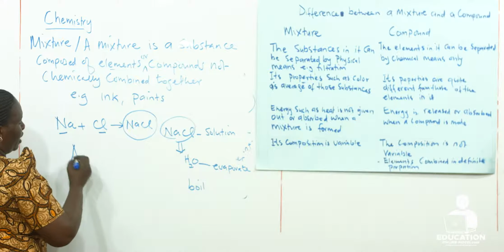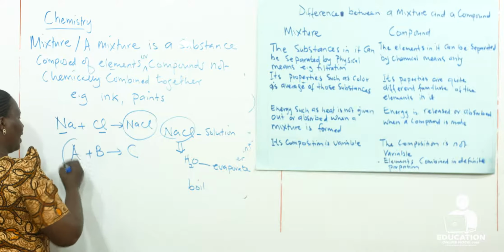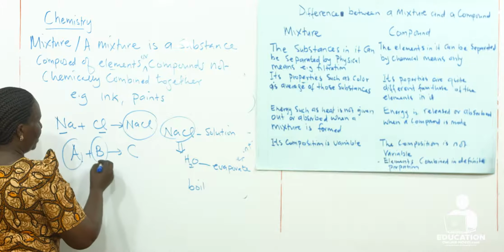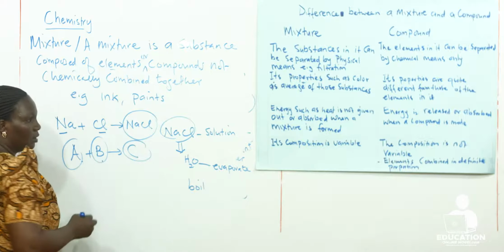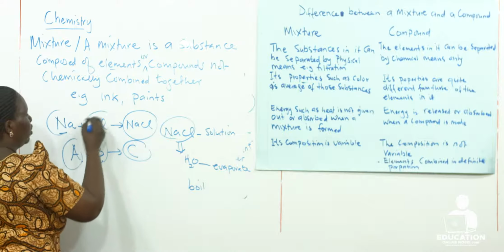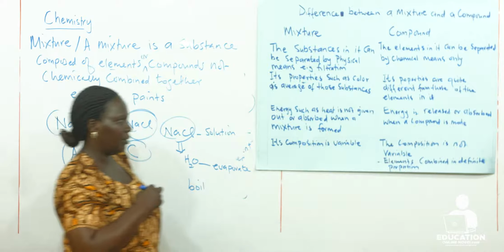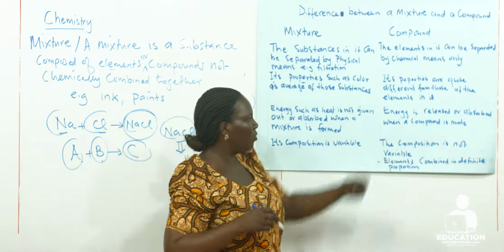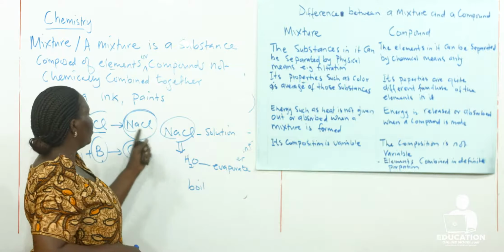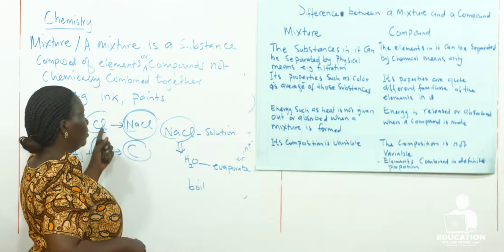Like if you have A plus B, you get C. A is completely different and B is different, so A and B combine to give us a new substance, C. So sodium and chlorine combine to give us a new compound called sodium chloride, and its properties will be different from the properties of the sodium atom and chlorine atom.